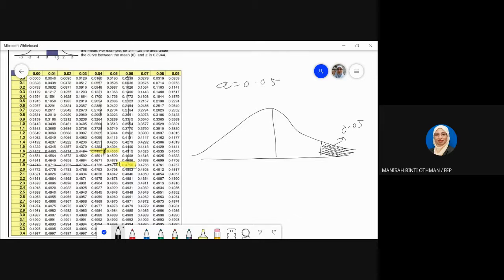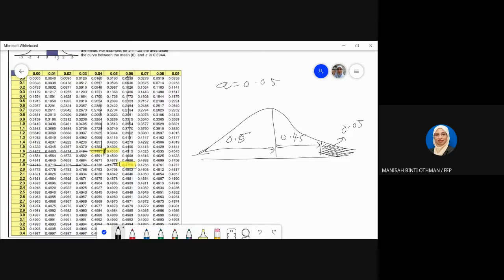So this side is 0.5 and this area is 0.45, because it affects only the rejection area in this one area.